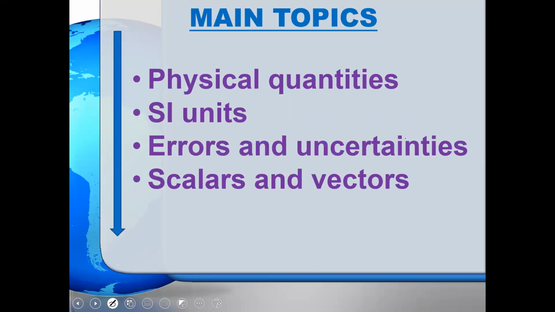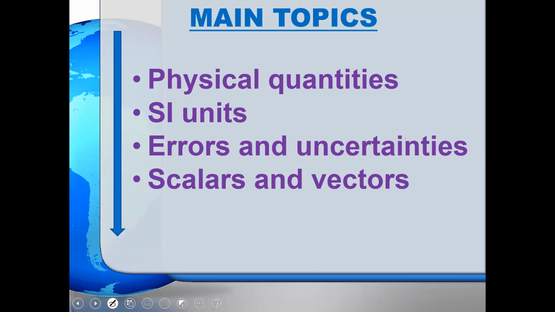Now, the main topics of this chapter: physical quantities, SI units, errors and uncertainties, scalars and vectors. As A-level is much harder than O-level, and the level goes up because of the examiner's requirement.